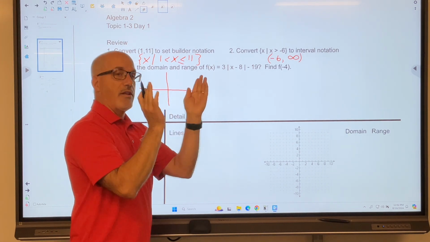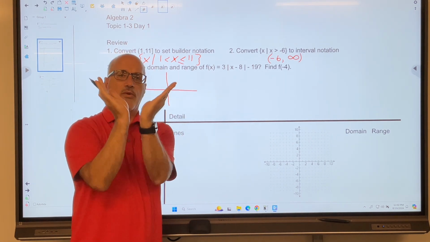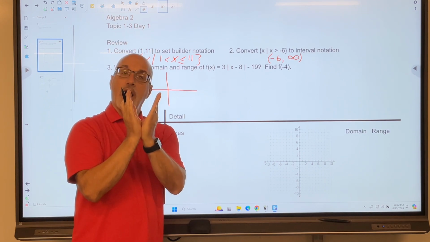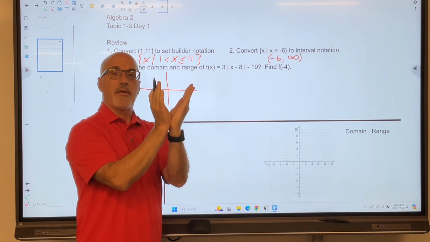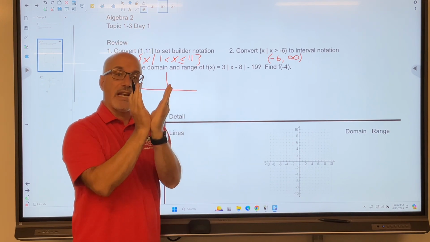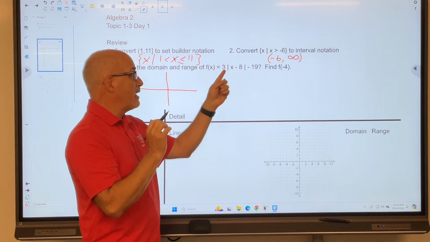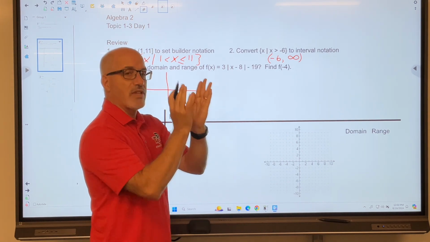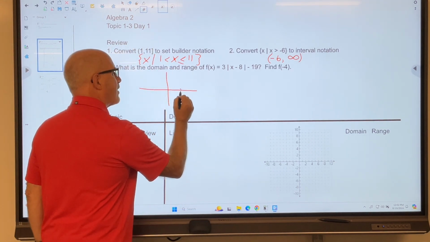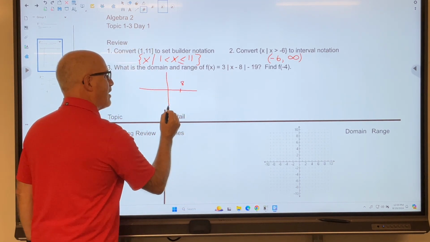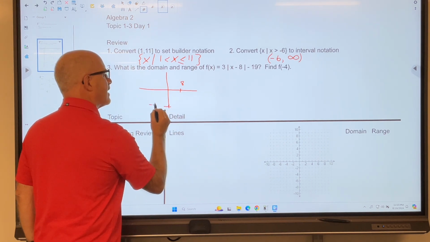The 3 in front makes it go up steeper, stretching it upwards. The -8 moves it over 8 units, since the inside is opposite, and then this moves it down 19 units.